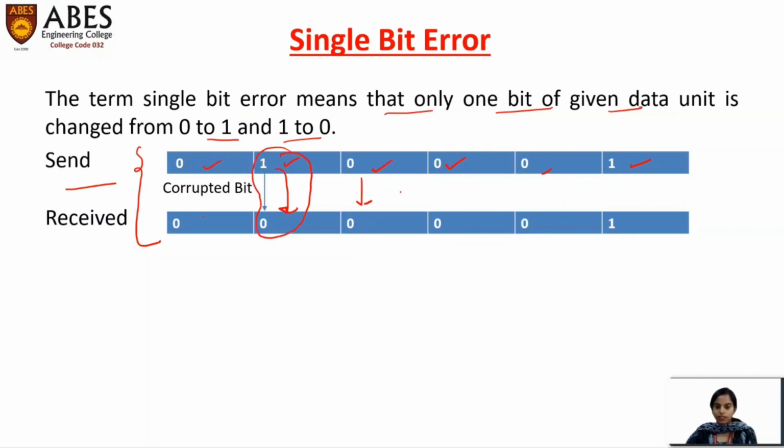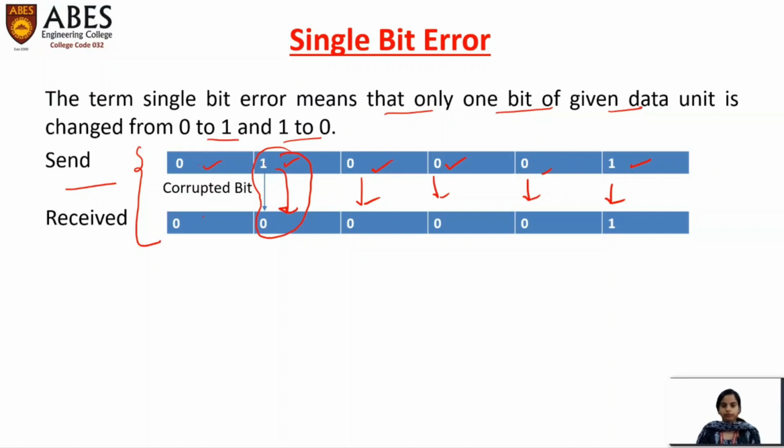The other bits remain the same. So in between, 1 bit is changed, meaning this 1 becomes 0, or maybe 0 becomes 1. This type of error, when only 1 bit of the given data unit is changed, is known as single bit error.